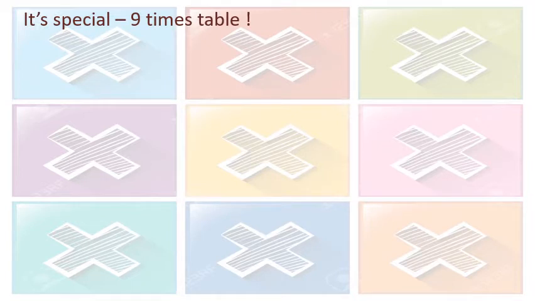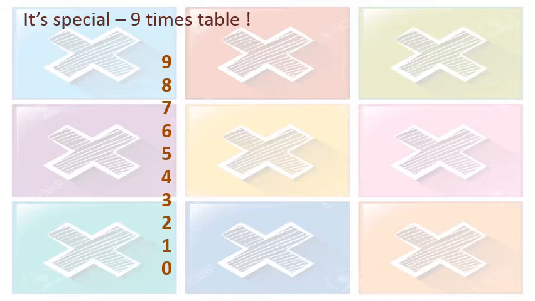Special 9 times table. Okay dear students, we will make now 9 times table in a very special way. You will see. First we will write 9 to 0 in decreasing order. See. 9, 8, 7, 6, 5, 4, 3, 2, 1 and 0.